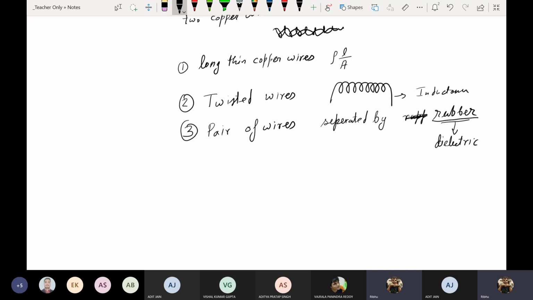Capacitance. Yes, capacitor. So a twisted pair of cables has the characteristics of all three basic passive circuit elements, R, L, and C.